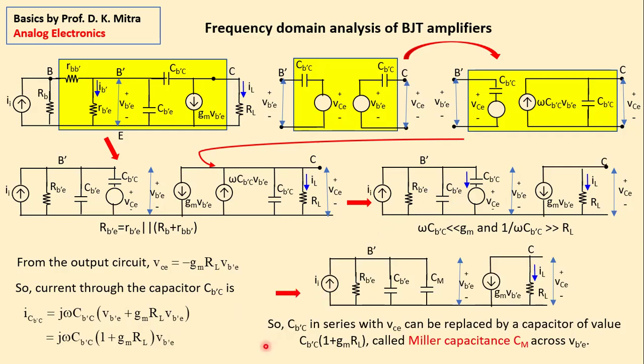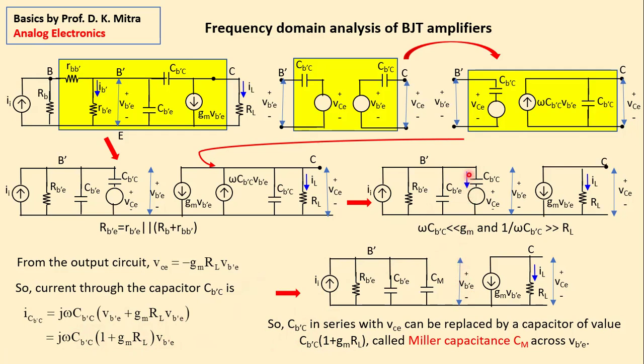So this resistor and this capacitor can now be replaced by a capacitor of this entire value, C_B'C multiplied by (1 plus g_m R_L), and the same V_B'E.